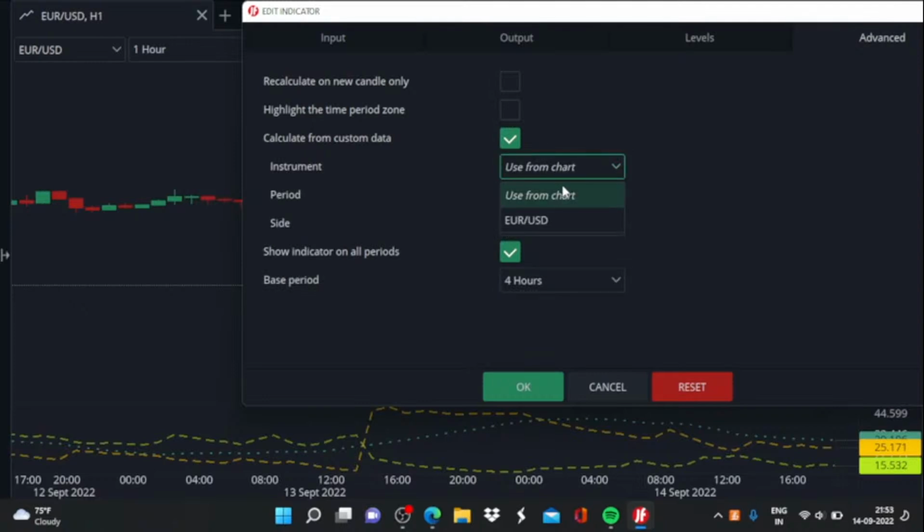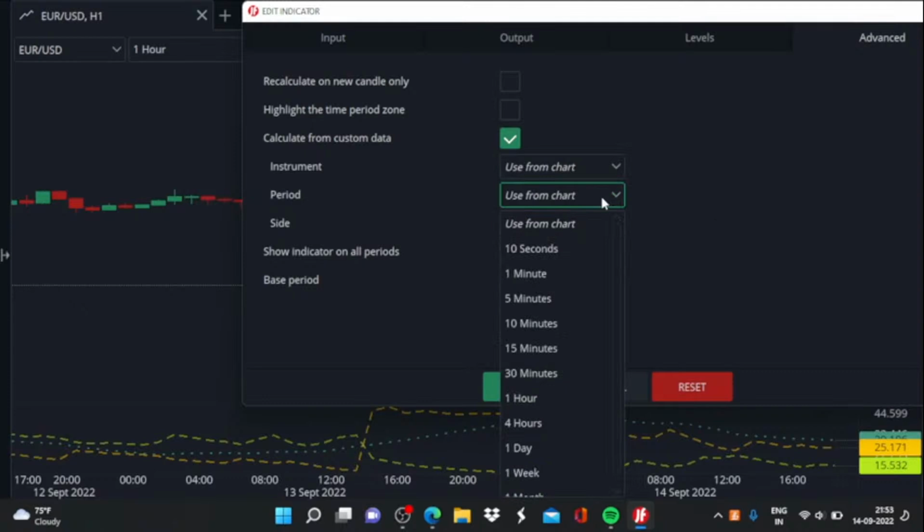Whenever you vary the instrument of the chart, the plotting of the indicator, the directional movement indicator, will appear. But if you simply want the plotting to be done only for the EUR/USD, then you have to state it here. The candle period follows a similar concept.